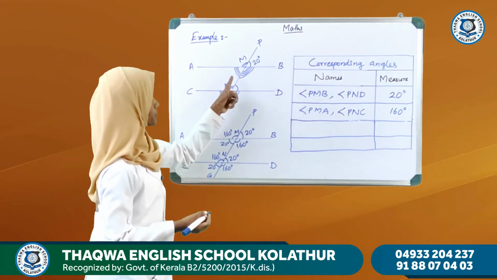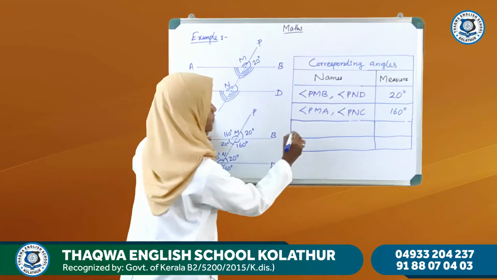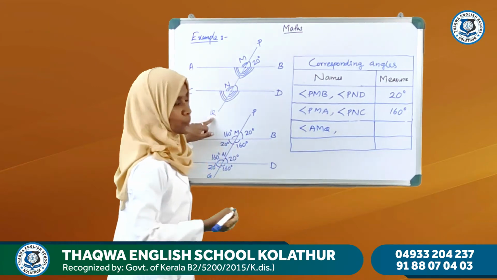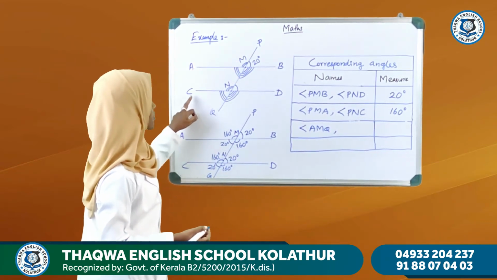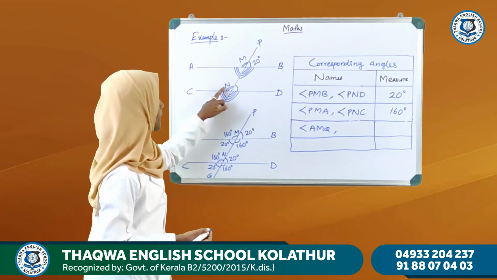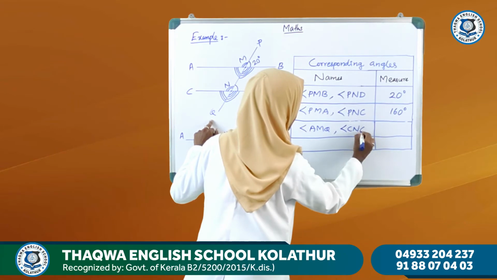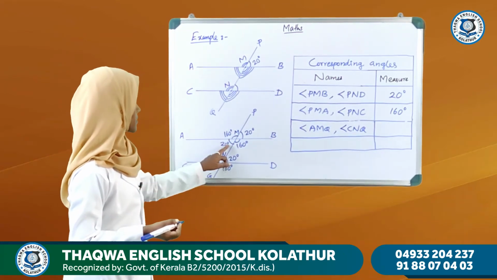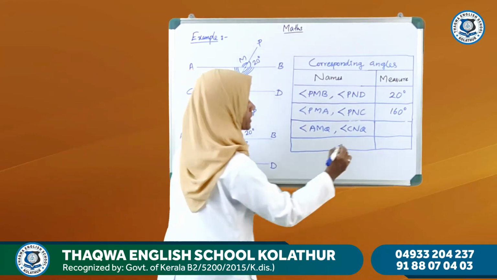Third one, angle AMQ. Next angle CNQ. Listen here. What is the measure? 20.